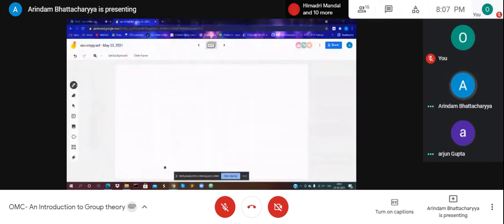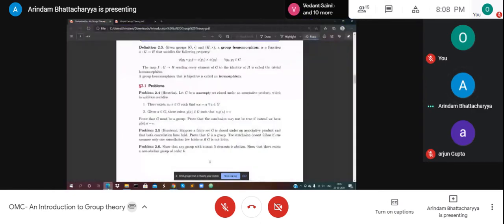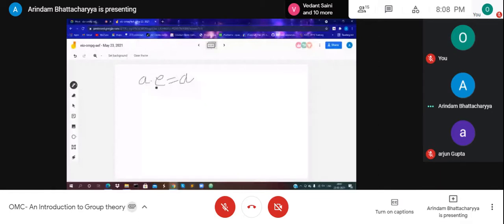So, where do I check? So we have A into E is equal to A, and A into the inverse of A is E, and such an inverse exists for any A, correct?